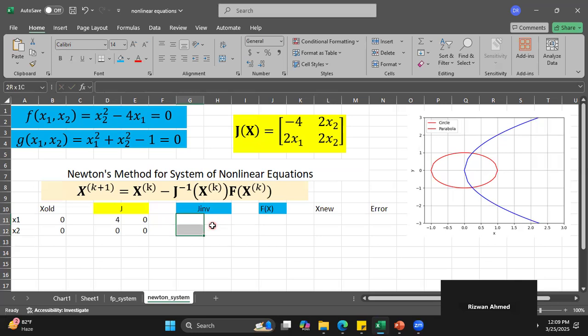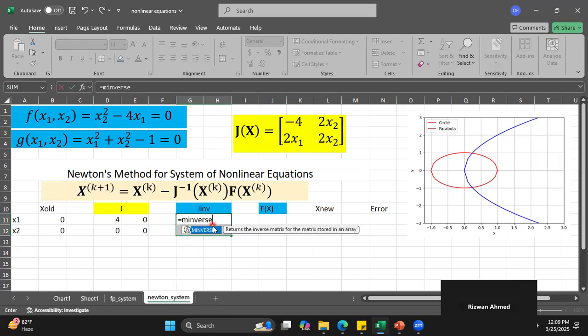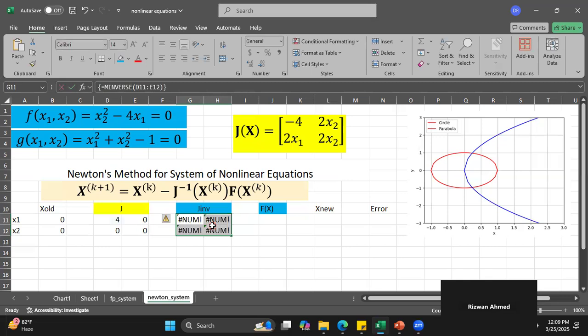You have to first reserve the cells for calculations, then provide the equal sign, and then the matrix inverse function. Then you pick up the elements of the matrix. And then there is a special way of pressing enter, not the ordinary enter. You have to press Control, Shift, and Enter.